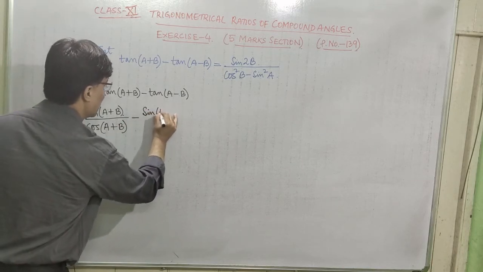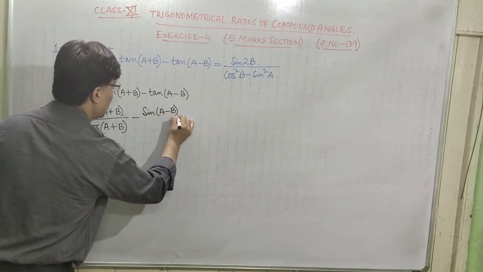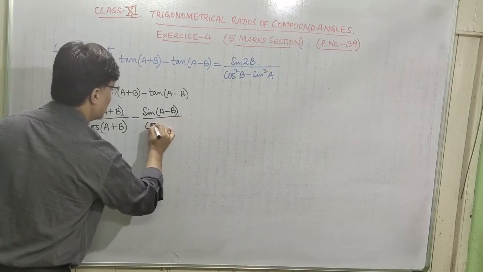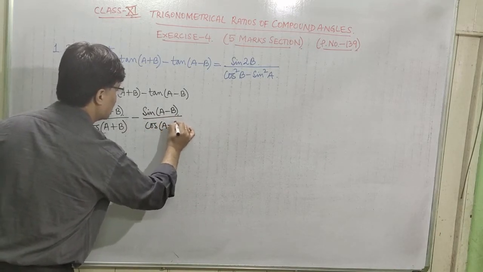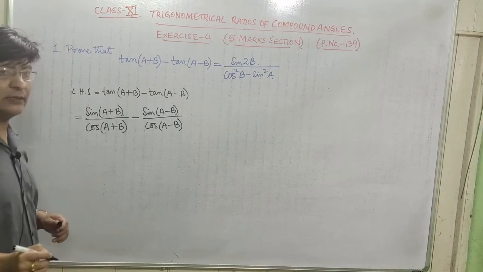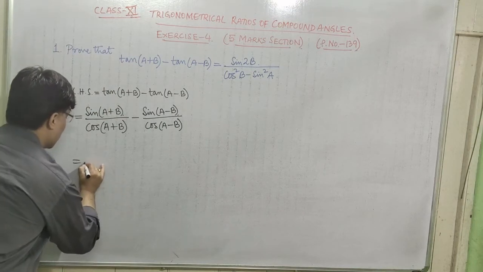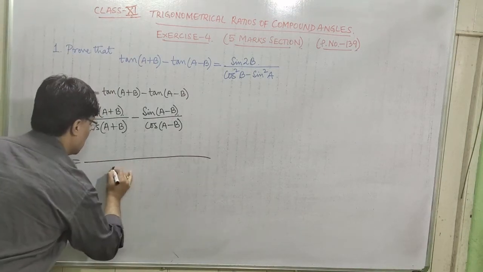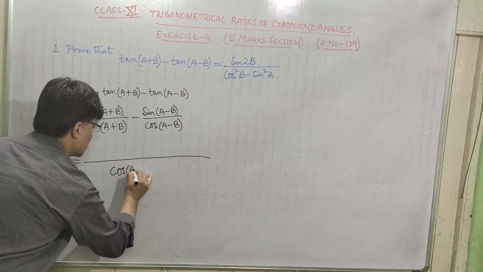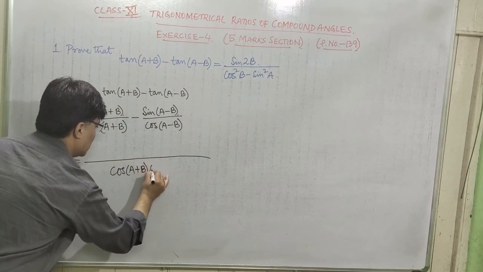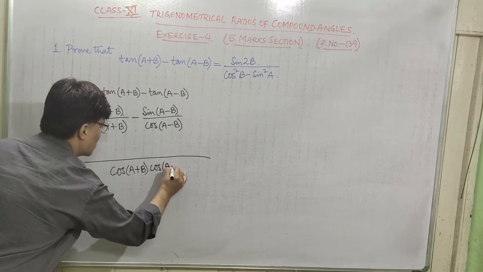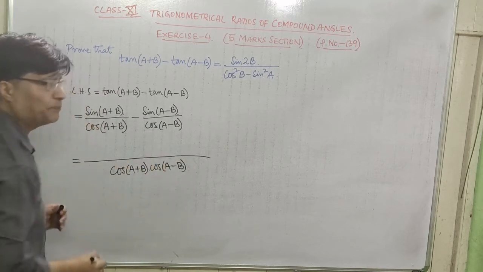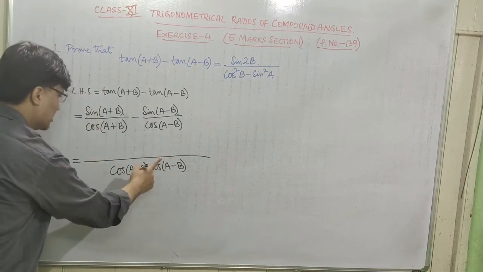So this is sin of a minus b divided by cos of a minus b. Is that clear? So what's the LCM? Let us take the LCM out here. This is cos of a plus b into this is cos of a minus b, right? So this is the LCM.